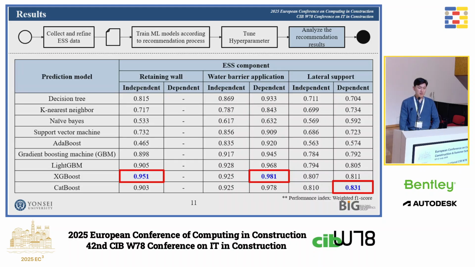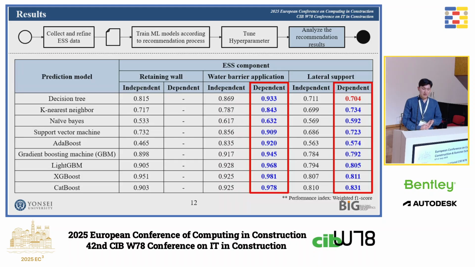Since the retaining wall is the first component to be recommended, there are no results available for the dependent recommendation in this case. However, when applying the dependent recommendation method to the other components, the water barrier achieved a maximum performance of 0.981, and the lateral support achieved 0.831 of weighted F1 score.